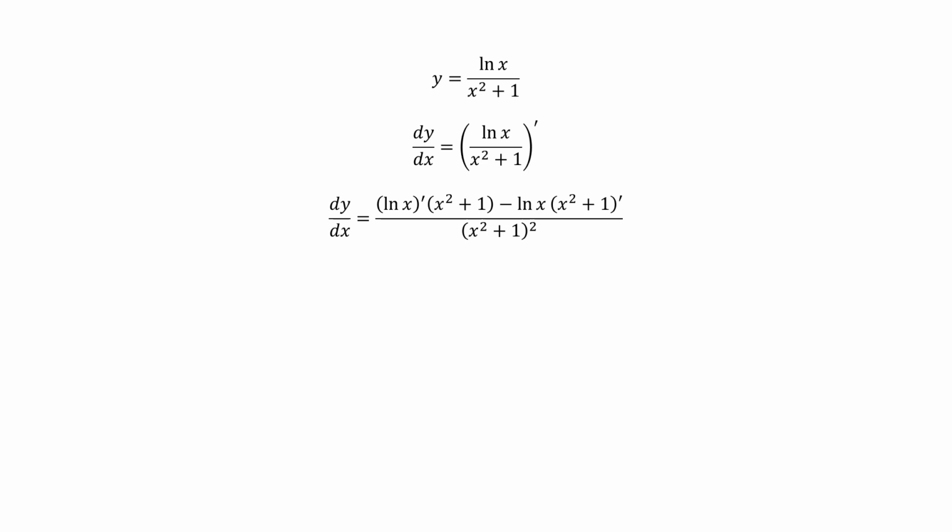To differentiate the function x squared plus 1, we begin by applying the sum rule, which gives us dy by dx equals natural log of x prime times x squared plus 1 minus natural log of x times x squared prime plus 1 prime all over x squared plus 1 squared.